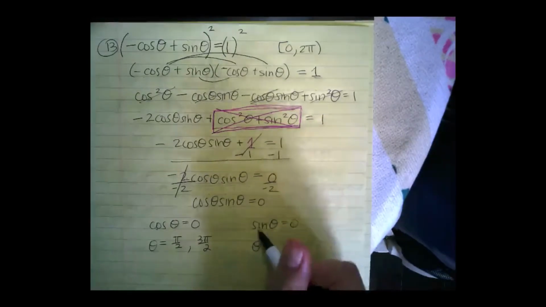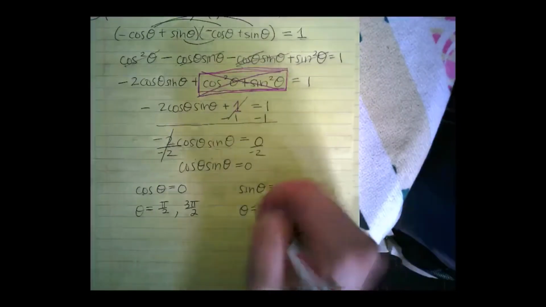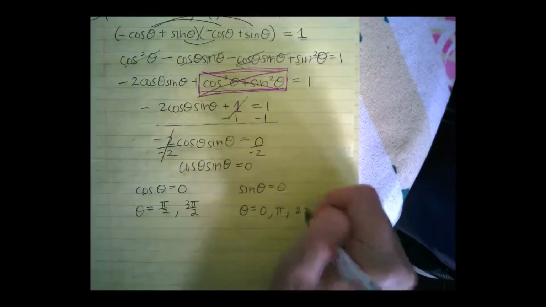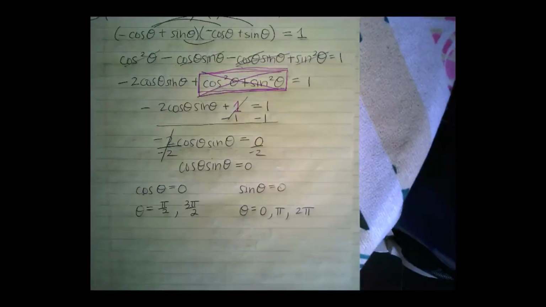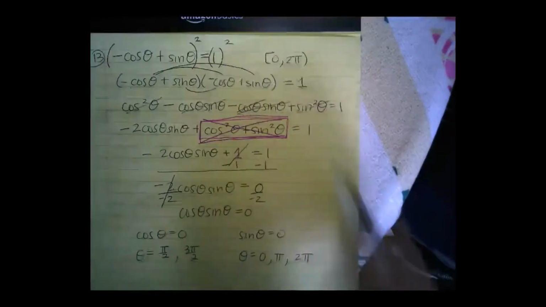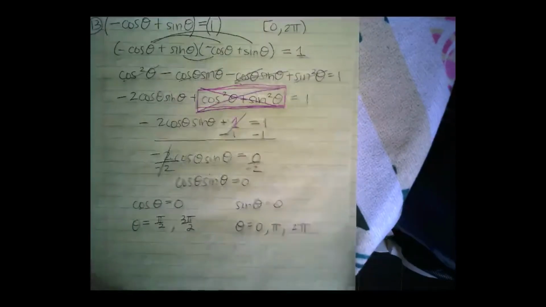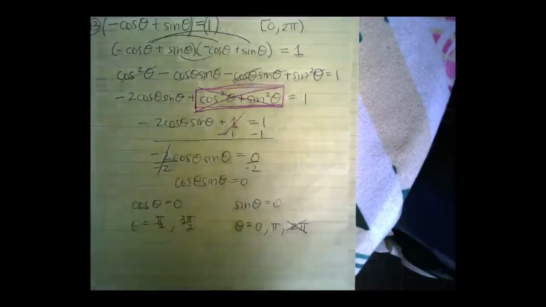So where are our y equals 0 angles? 0 radians, pi radians, and 2 pi radians. All right, so there's all of our solutions on the unit circle. Now, we know from the beginning that we needed to solve on 0 to 2 pi, where 2 pi is not included in our solution set. So it gets to go away.